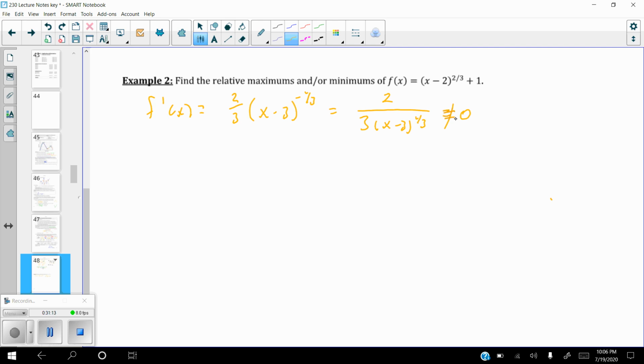But the variable is in the denominator, and something which divides by 0 could give us undefined. So what we need to do is we need to take the denominator and set it equal to 0 to find out what might give us an undefined derivative. So we can divide both sides by 0.